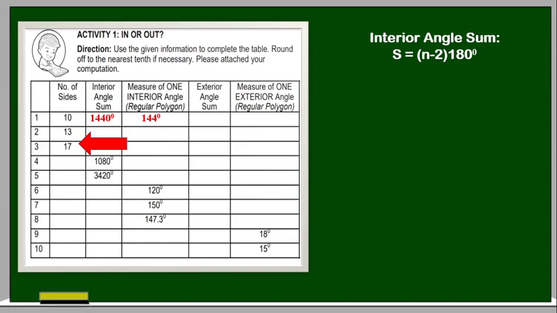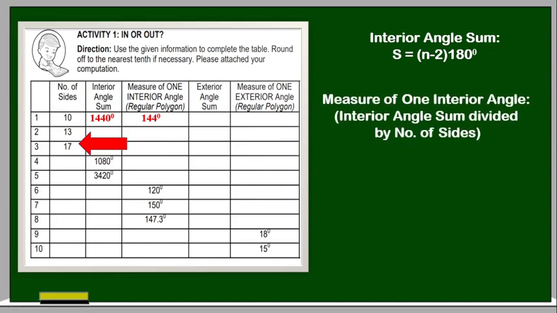The answer here is 144, taken from the interior angle sum divided by the number of sides. So 1,440 divided by 10 gives 144.